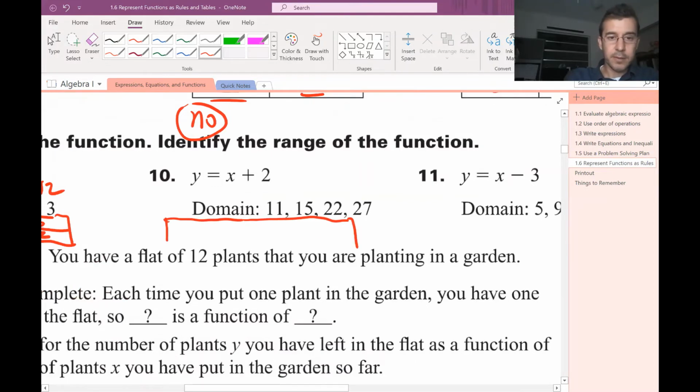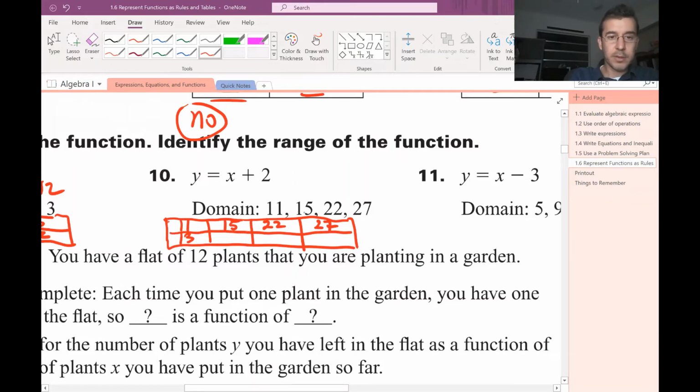And we have 1, 2, 3, 4. And we have the domain values 11, 15, 22, and 27. The function is y equals x plus 2. When x is 11, 11 plus 2 is 13.